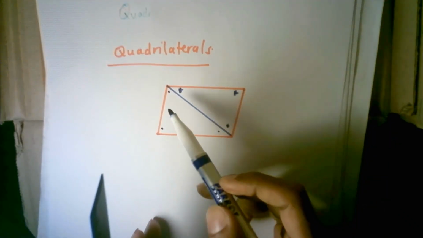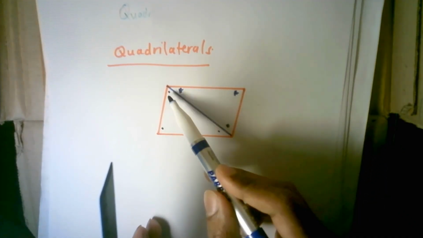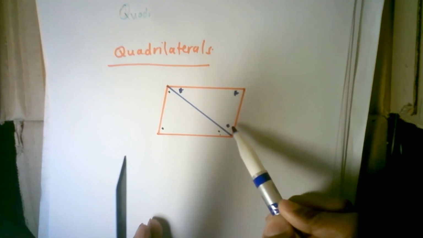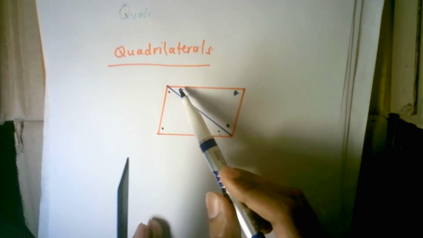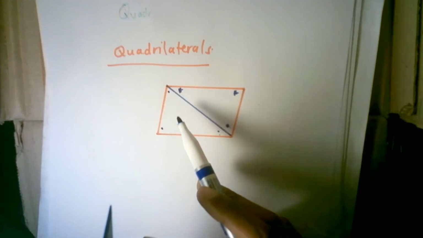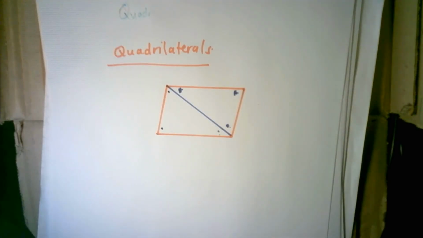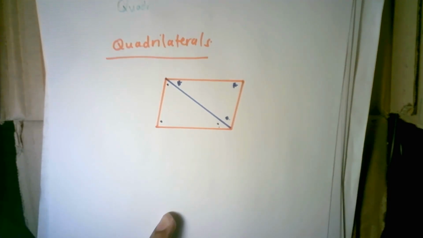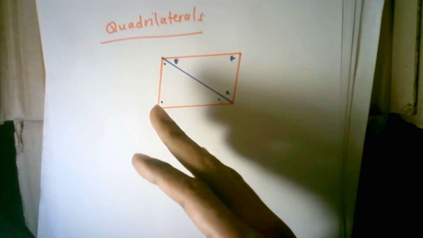So the sum of all six angles, what will it add up to? Basically it's 180 degrees plus 180 degrees, and you guessed it, the sum of angles of a quadrilateral is 360 degrees.